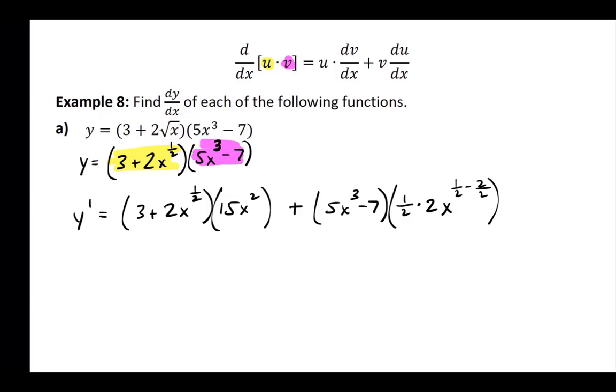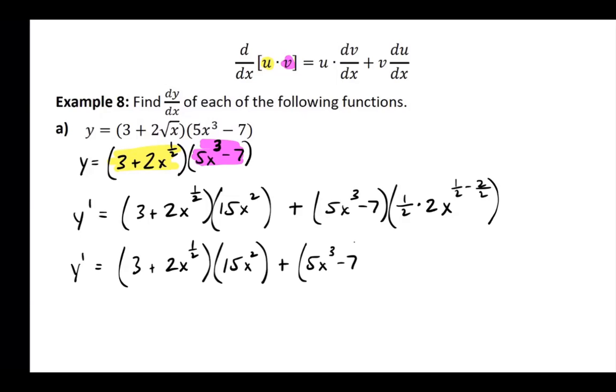So we have plus, and then over here, I have 5x cubed minus 7. And then over here, I can simplify it, right? 2 and 1/2 will cancel out.